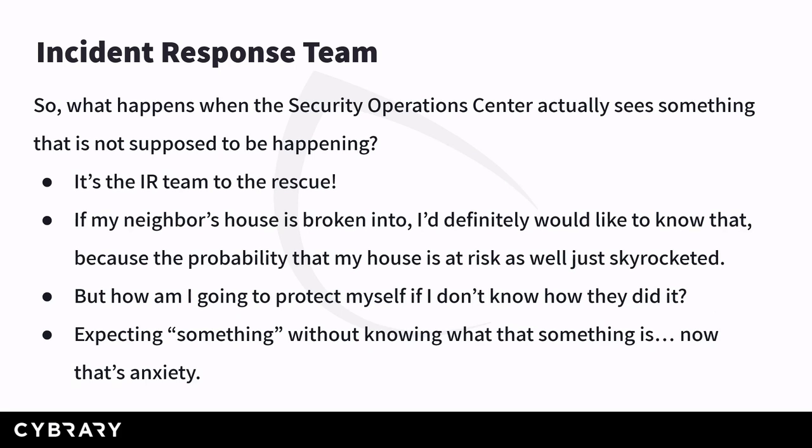Alongside the SOC unit is the incident response team. The role of this unit is sort of given out, but if someone or some tool sees something odd and dangerous going on, a group of professionals should be addressing that event, and that group is called the incident response team.